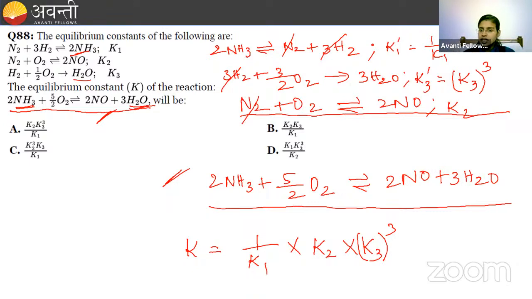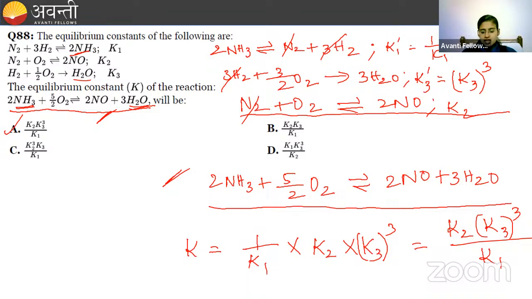If I am adding equations, then I have to multiply the equilibrium constants. These are the properties of the equilibrium constant. Using them, the equilibrium constant for the desired equation is K2 into K3 cube divided by K1. Okay, so it is given in option A. Option A is the correct answer for this question.